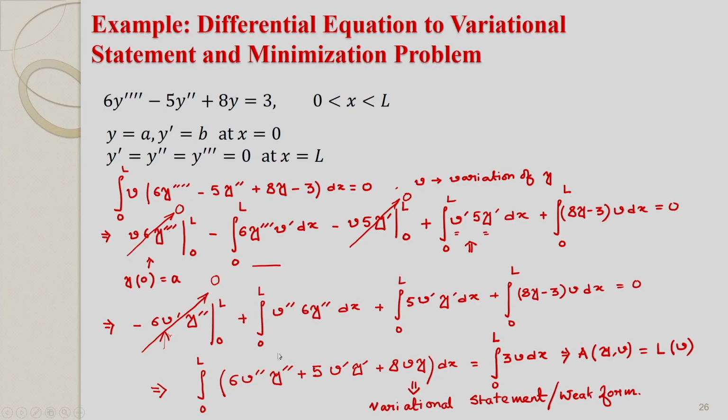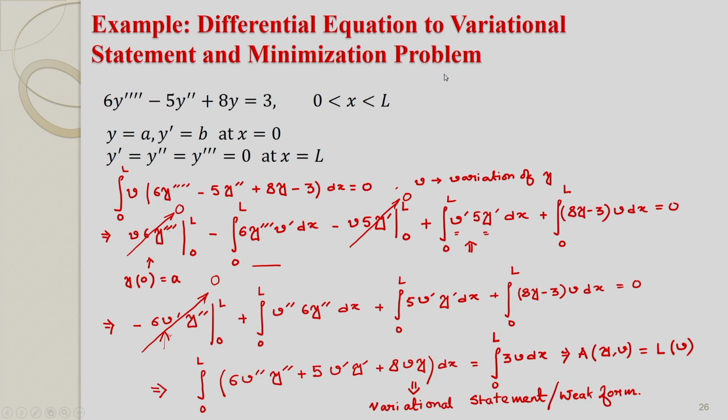Here a C1 continuous function is enough to describe some approximation for this problem, because it is a second order derivative. So, that is the use of the variational statement. It relaxes the continuity requirement as it distributes the differentiation between the dependent variable and its variation.